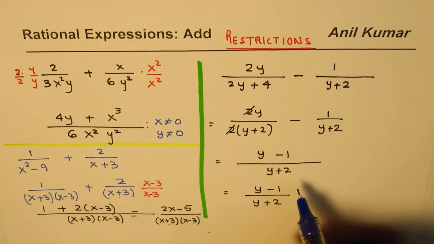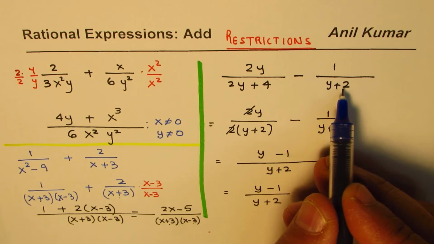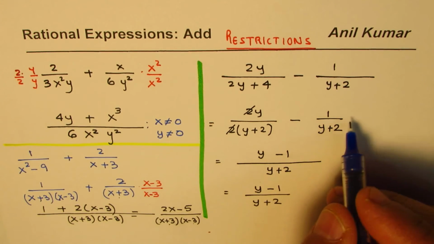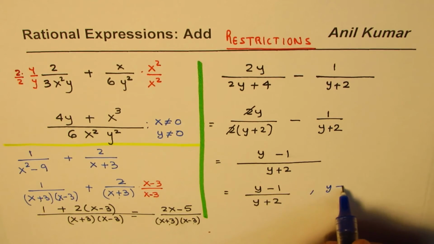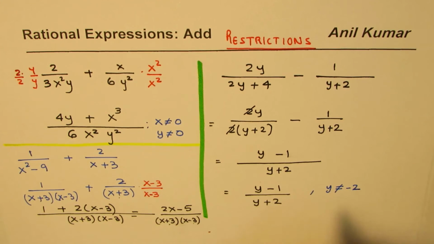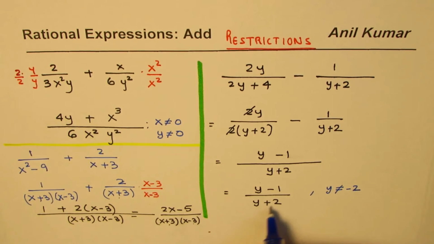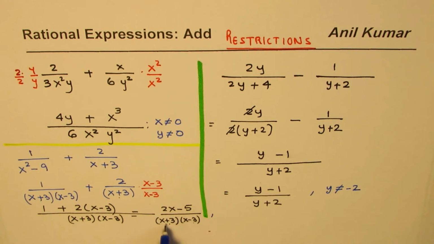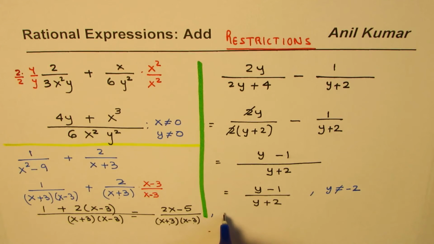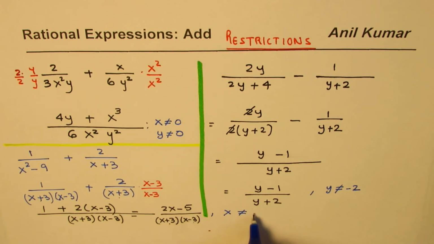In the second example, we found y plus 2 in the denominator. So here the restriction is that y is not equal to minus 2. Since minus 2 will make denominator as 0. In the third example, the denominator has two factors, x plus 3 and x minus 3. So in this we have two restrictions, that x is not equal to plus minus 3.